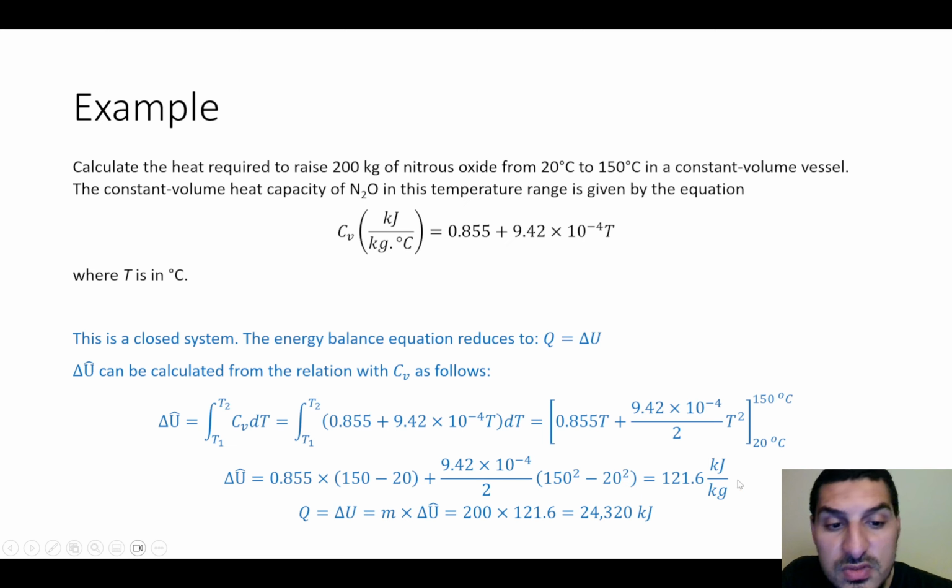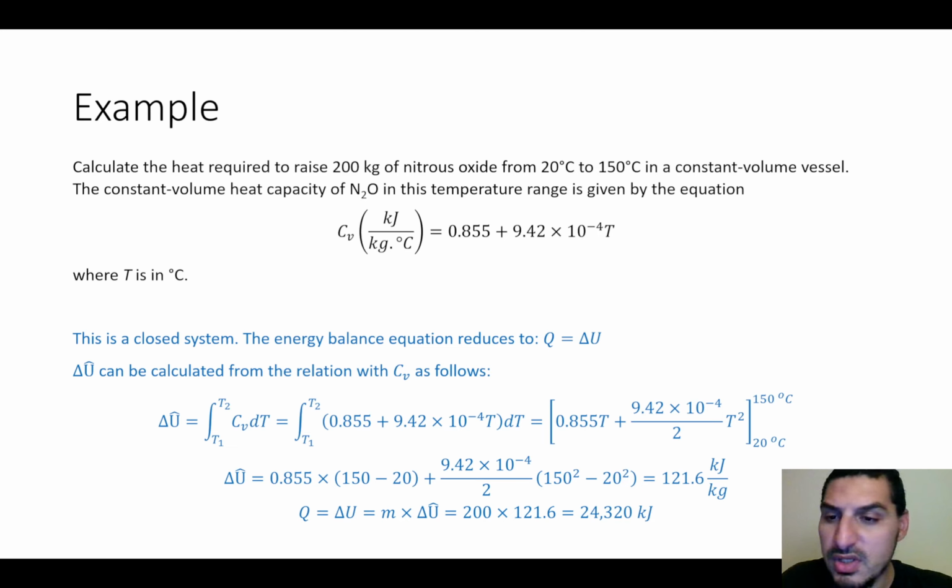Of course, this is kilojoules per kilogram, and I want to get the total amount of heat, which is going to be the mass multiplied by the specific internal energy change, which is going to give me the total amount of heat that is needed to raise the temperature. For this case, this is an equation that we can deal with, and it is very similar to the shapes of the equations that we are going to deal with later for delta H and delta U. It's always a polynomial, so it's a constant plus a constant multiplied by T plus a constant multiplied by T power 2, and so on.